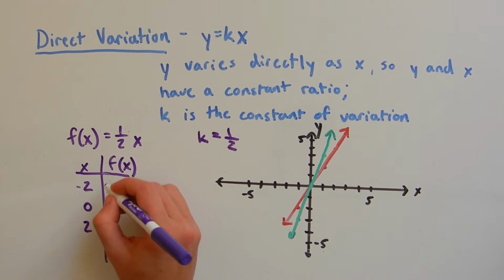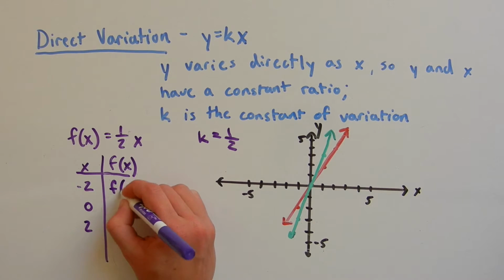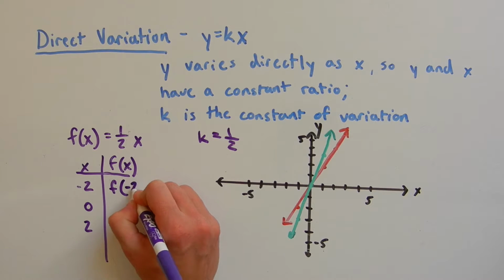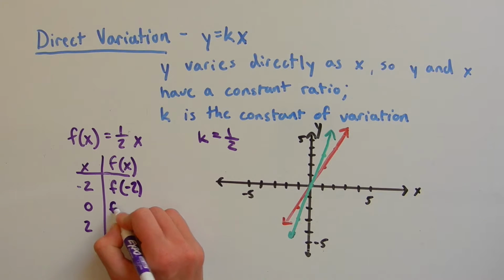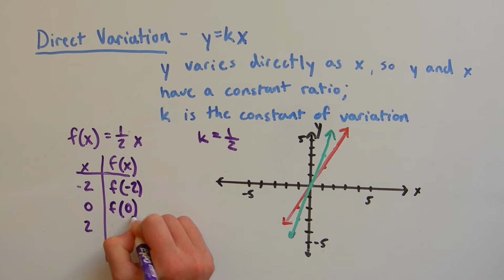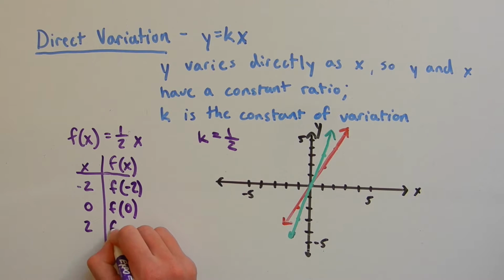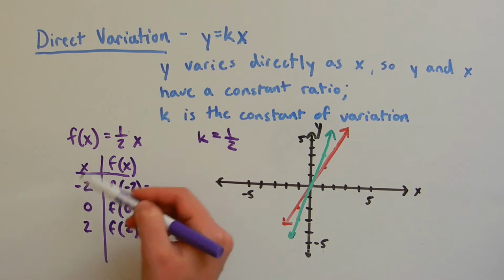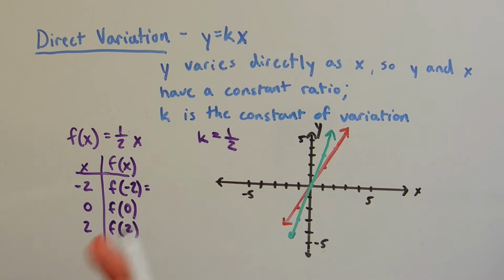What that's saying is that we're looking at f of x when x is -2. So we're looking at f of -2. We're going to be looking at f of 0. And we're going to be looking at f of 2. So what we're doing is just plugging those x values in. So we're doing this the same exact way.